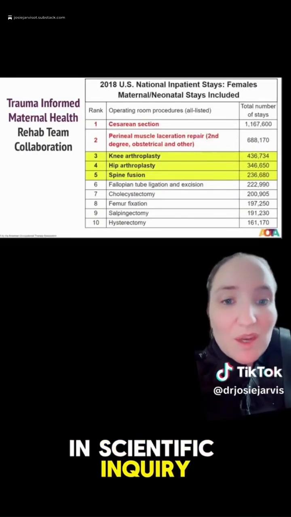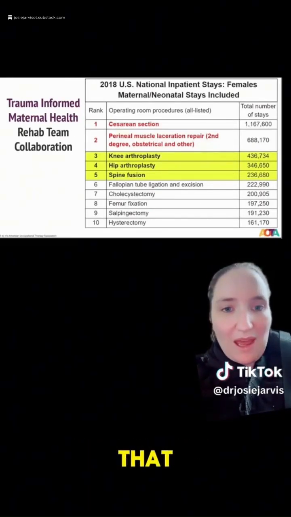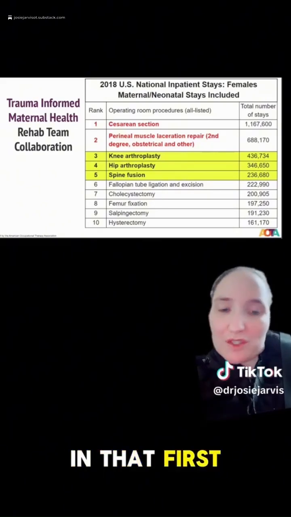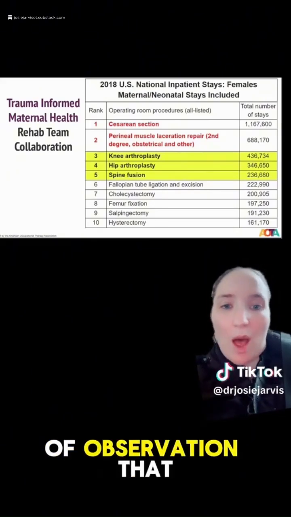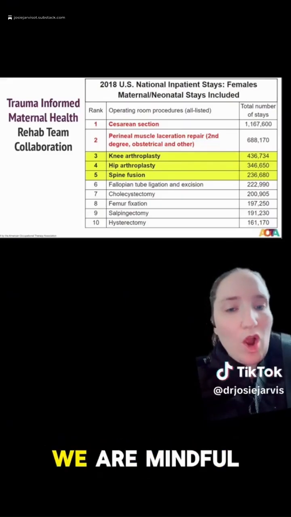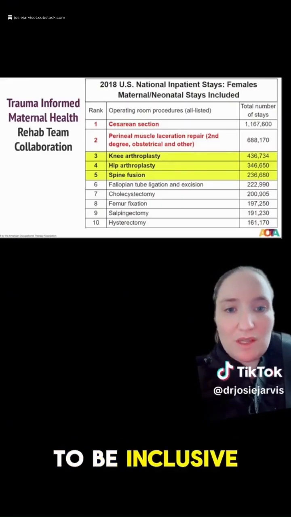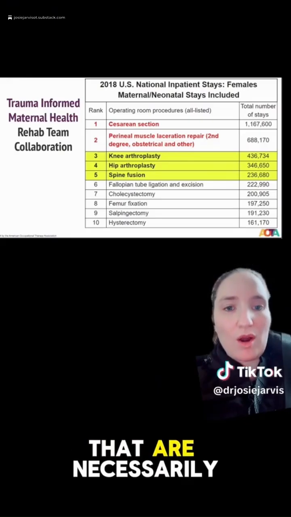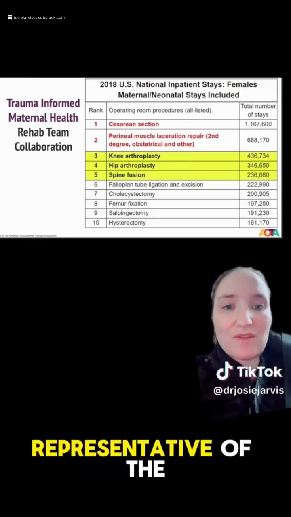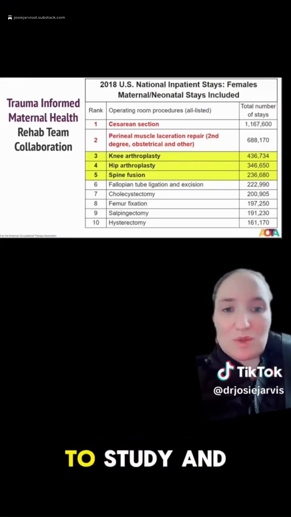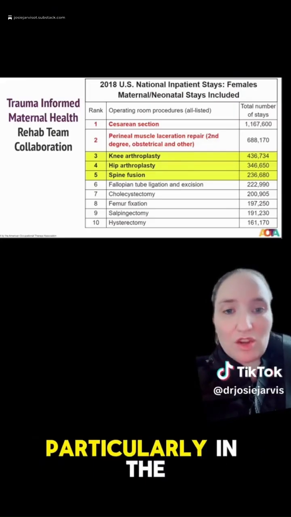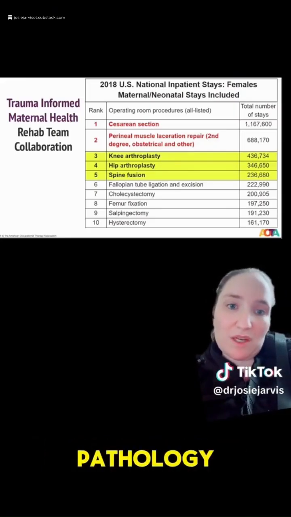In scientific inquiry, it's very important that as we engage in that first step of the scientific process of observation, we are mindful to be inclusive of data sets that are necessarily representative of the phenomena that we're seeking to study and intervene on, particularly in the realm of human pathology.